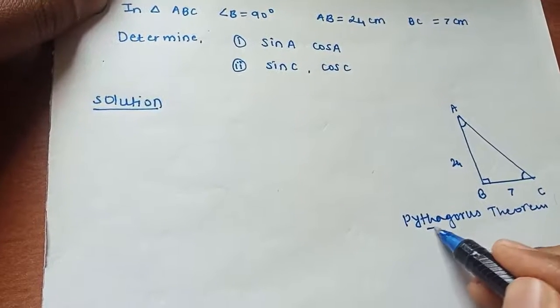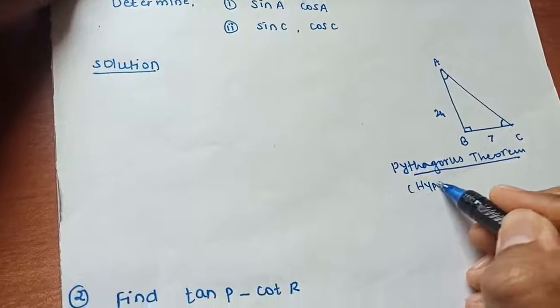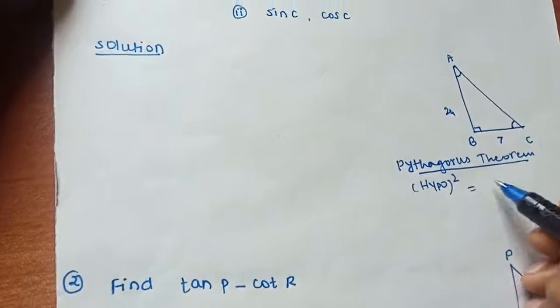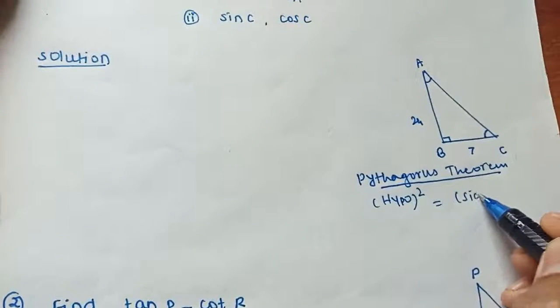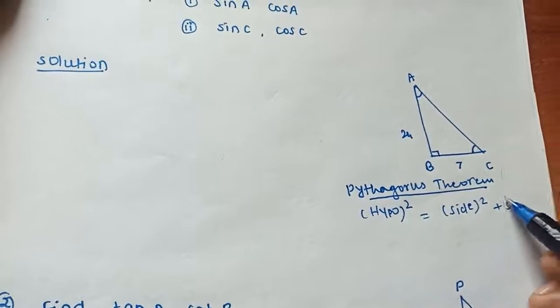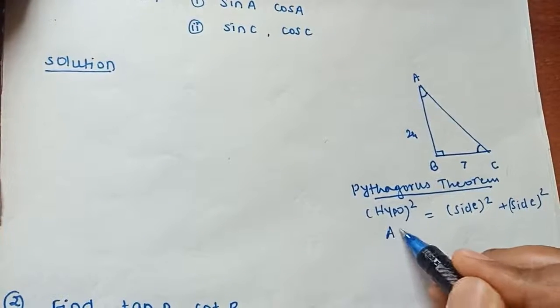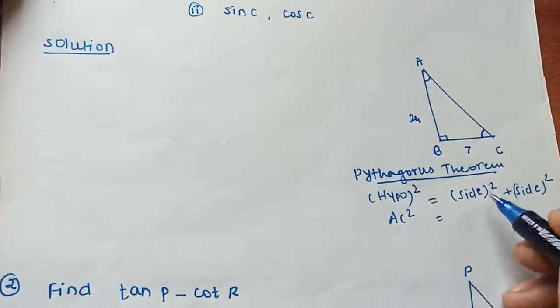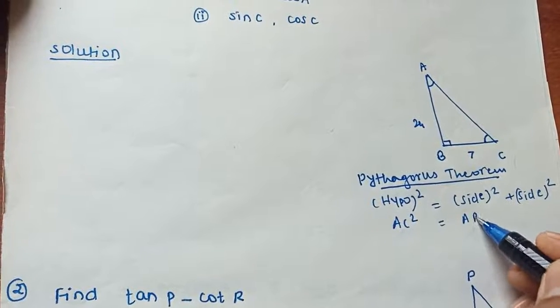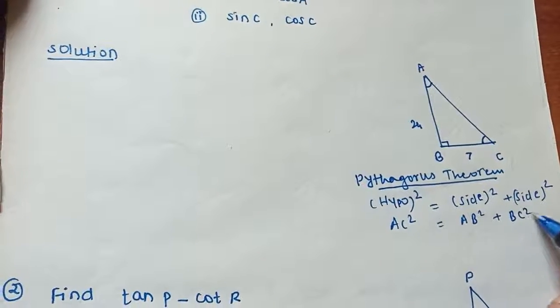And the Pythagoras theorem, we know, says hypotenuse square is equal to side square plus side square. So AC square is equal to AB square plus BC square.